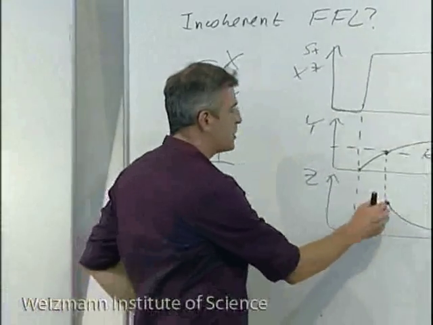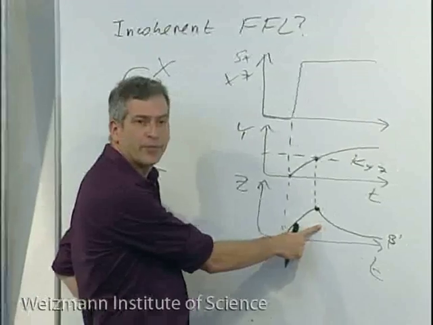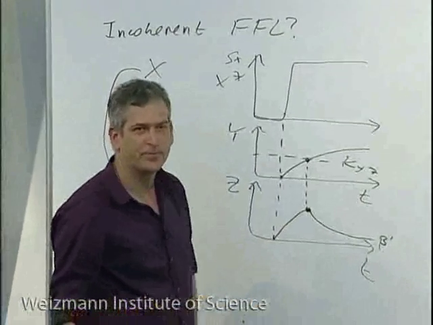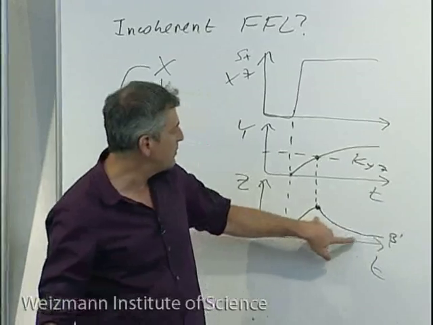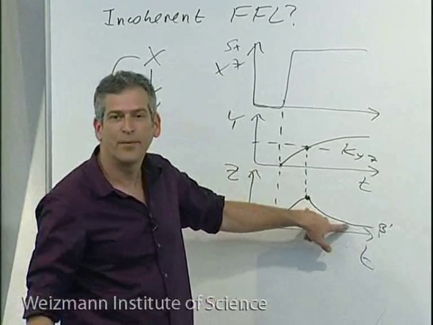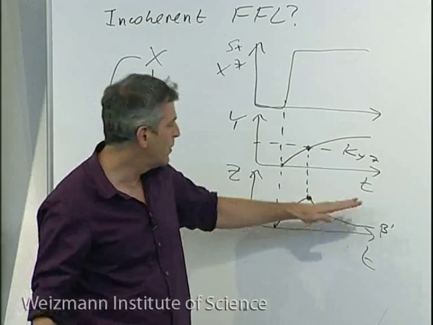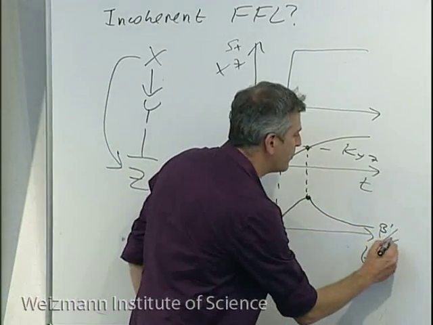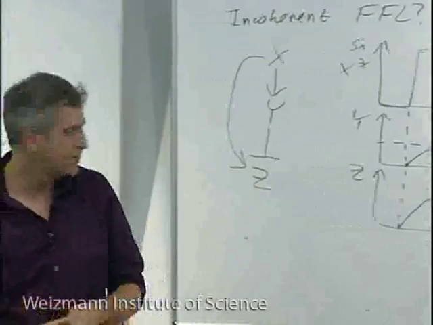But for sure, once the repressor binds, the production rate is lower, because it's a repressor. By the way, what's the response time here? 1 over alpha. It just depends on the lifetime. And where it reaches is beta prime over alpha. But you don't know the point that Z reached.